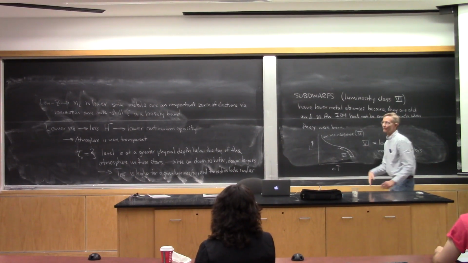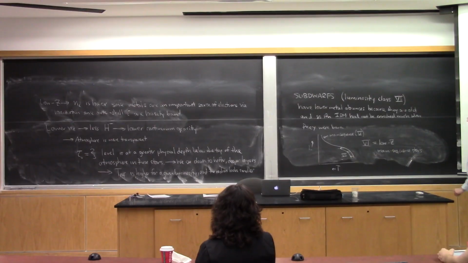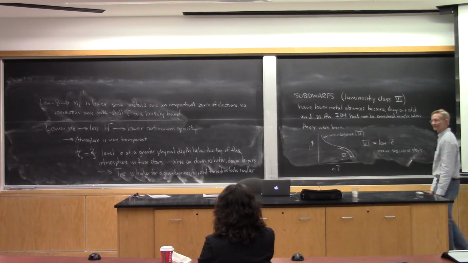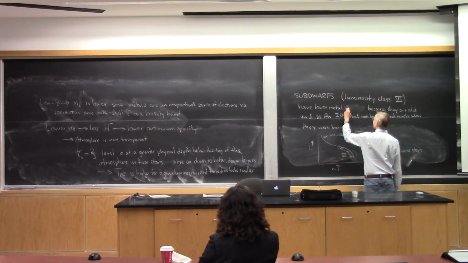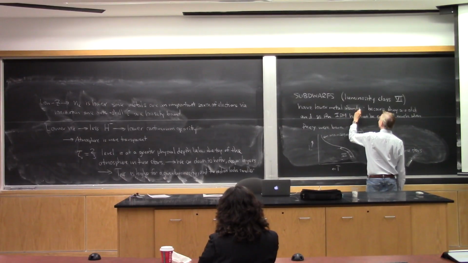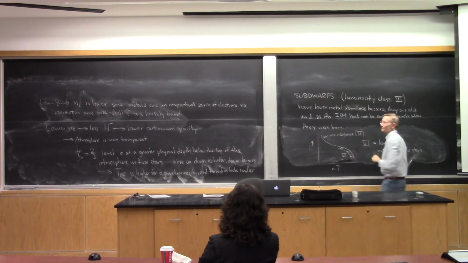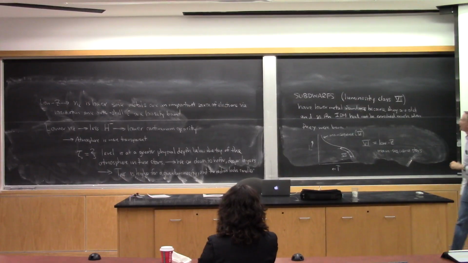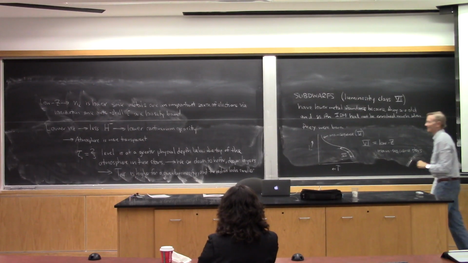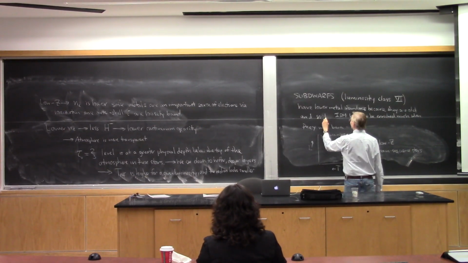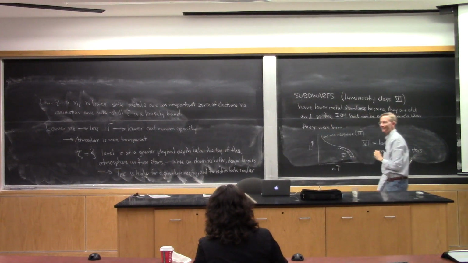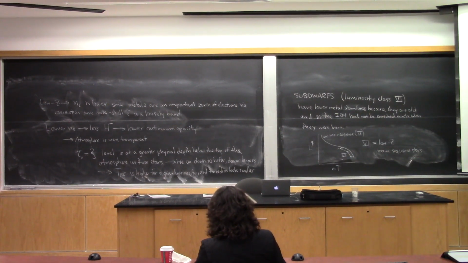I'm just going to read the whole thing. Subdwarfs, luminosity class 6, have lower metal abundances. Lower metal abundances because they are old, and so the ISM had not been enriched much when they were born.